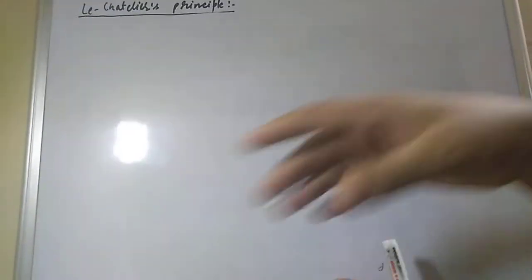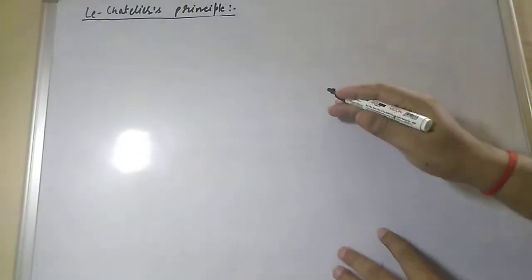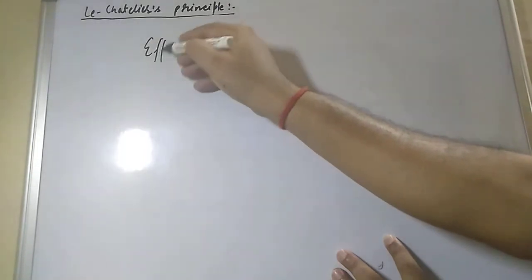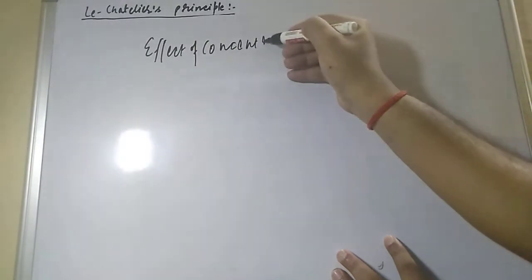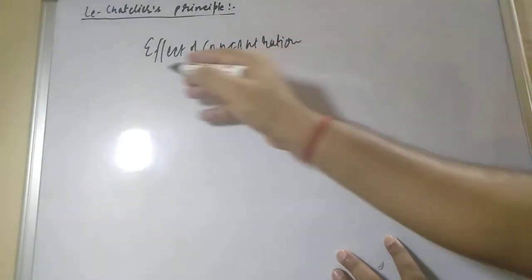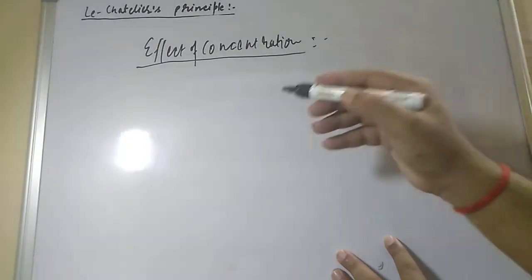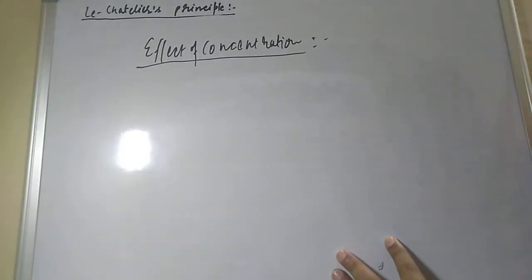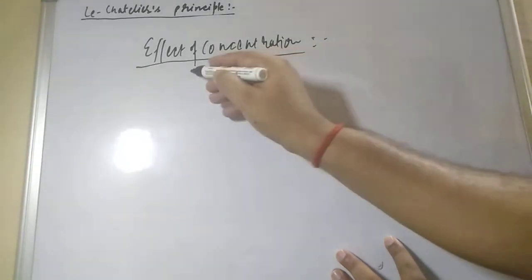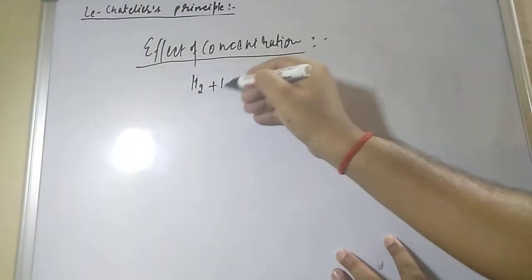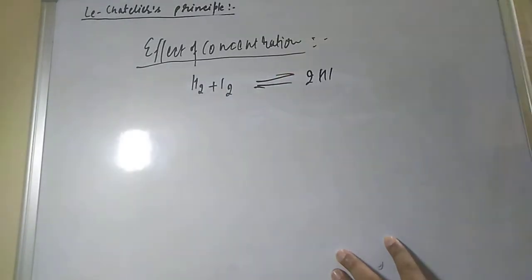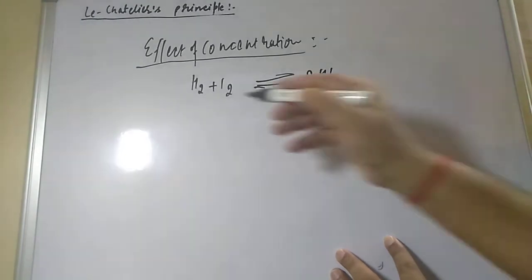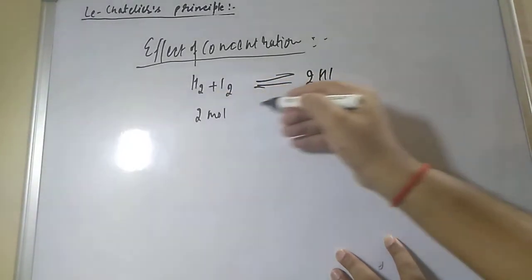Let us take the example H2 plus I2, which gives an equilibrium with 2HI. Here there are 2 moles on one side, and 2 moles on the other side.